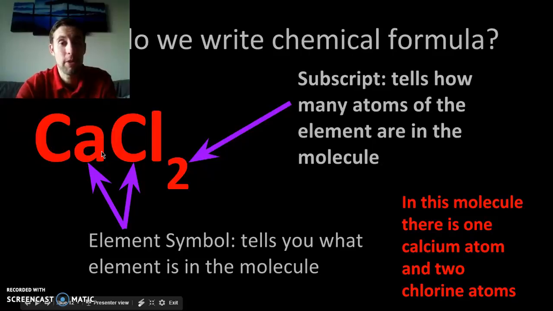Remember that every capital letter you get is a new symbol. Lowercase letters always go with the capital letter to their left. So that's why we know A is not its own element. CA is, because C is the capital letter. Then this capital C starts the new one with a lowercase l. So we know there's one calcium, 2 chlorines in this molecule.